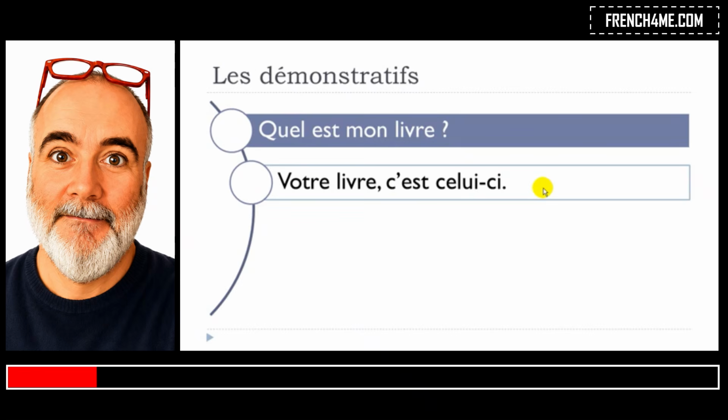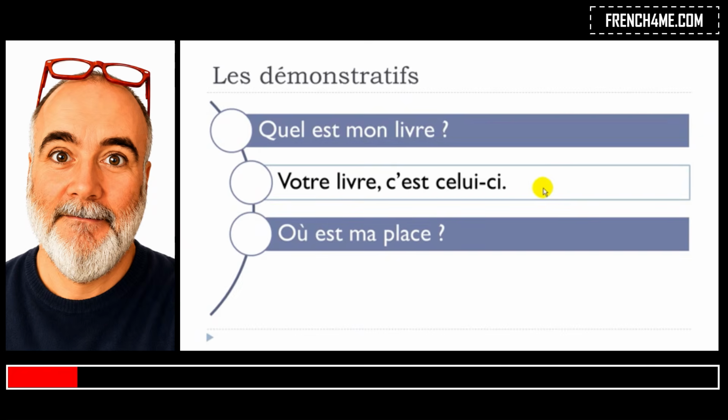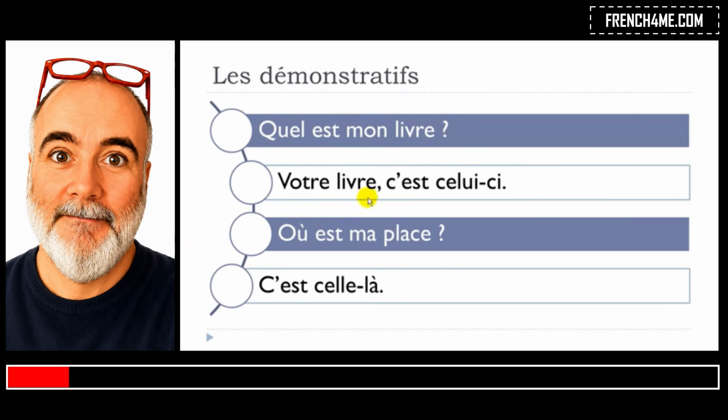Okay, and then normally when you say that, you tend to indicate that with your finger as well. So you point the book. Votre livre, c'est celui-ci. Où est ma place? Where is my seat? Où est ma place? C'est celle-là. Okay, same thing, you tend to point it at the same time. Okay, c'est celle-là.